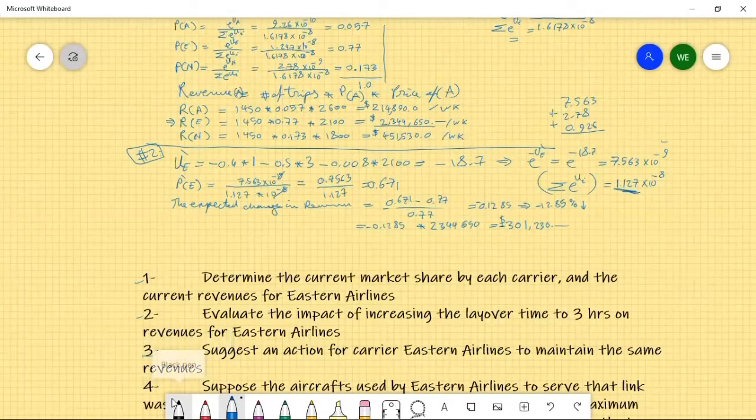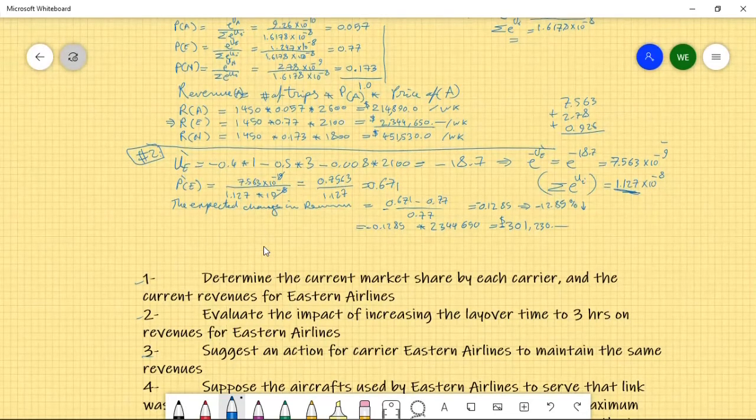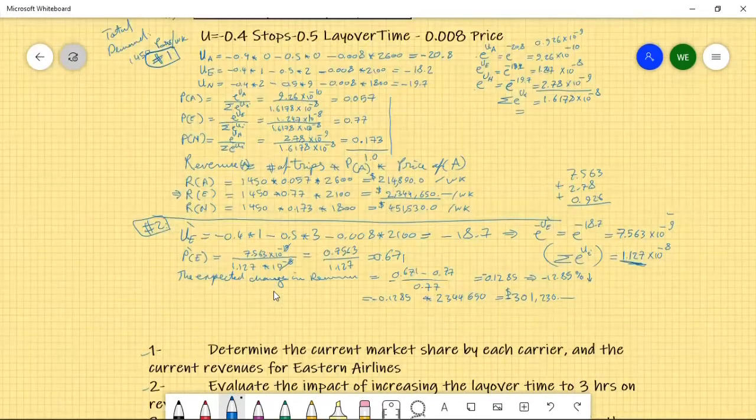Okay, can you elaborate and explain to us how you came up with this suggestion? Doctor, I think it's basic math, because if we increase the layover, the revenue will decrease. So if we want to maintain the same revenue, we should increase the price of the ticket, so we can cover the 300,000 loss.